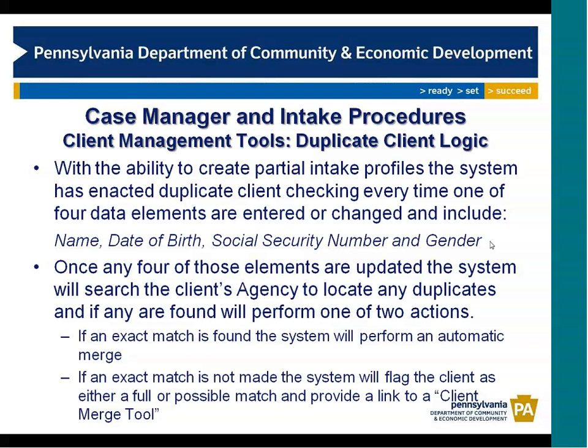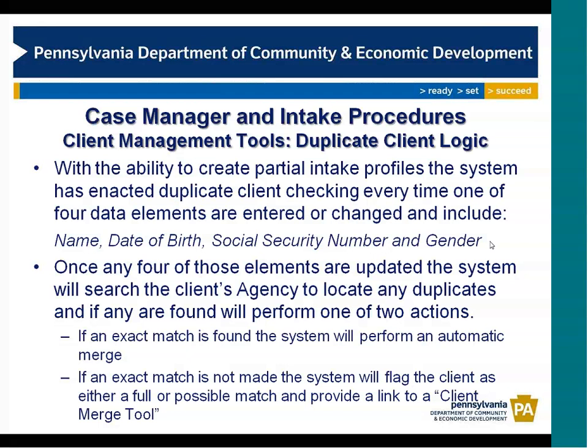However, if the system does find duplicates, depending on the level of matching it finds with other clients in the agency, it'll do one of a couple things. If a 100% match is found, it'll just perform an automatic merge right there in front of you.